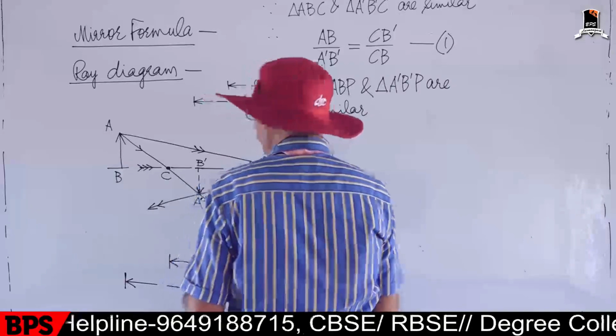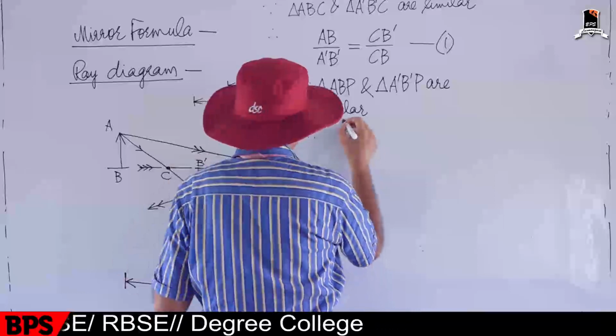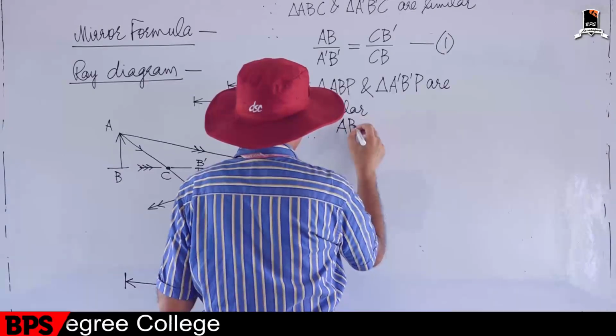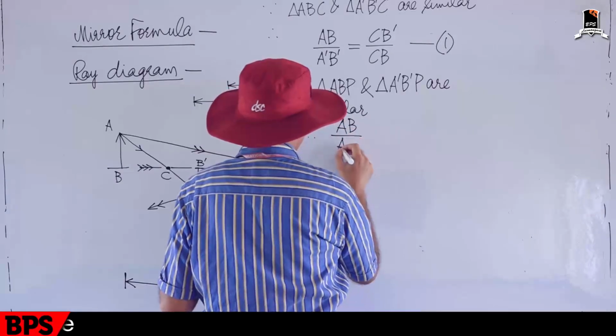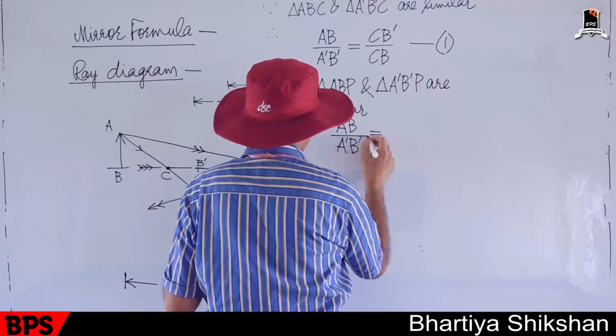Therefore in these triangles take AB and A dash B dash. AB divided by A dash B dash is equal to what?